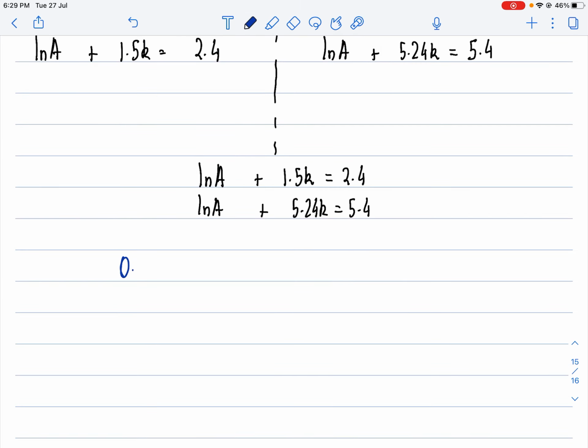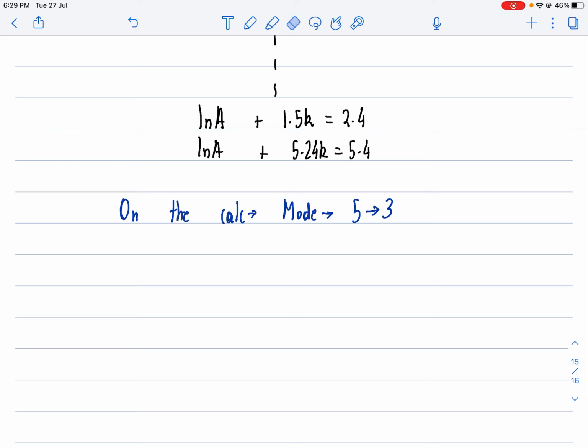So now what I can do is solve this on the calculator. Correct? I can simply solve this on the calci. So I can click on mode. When I click on mode, I can go to 5. Sorry, mode 5 and then click on 1. I'm really very sorry.